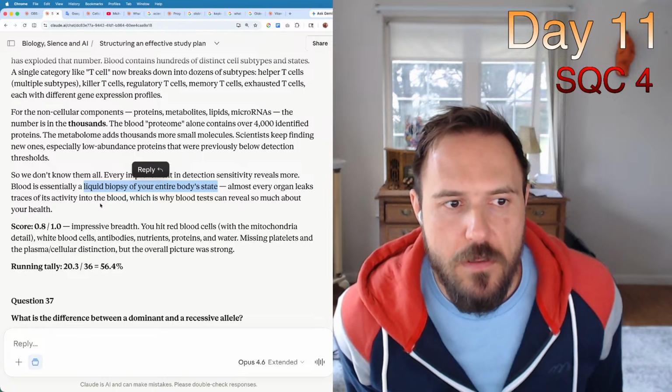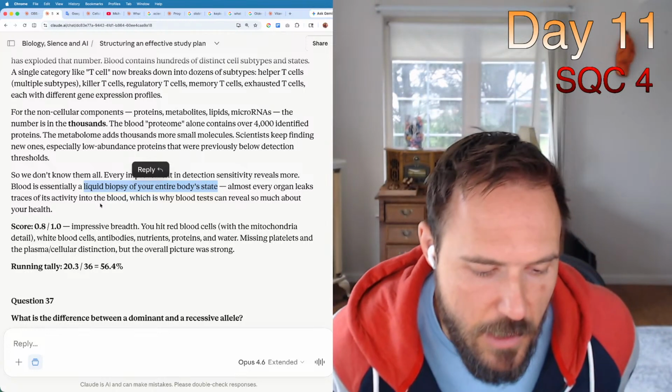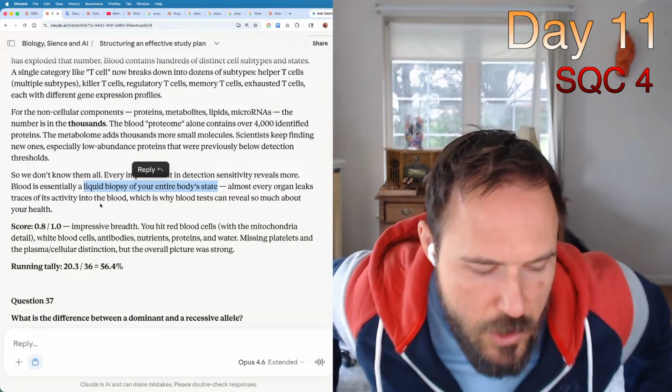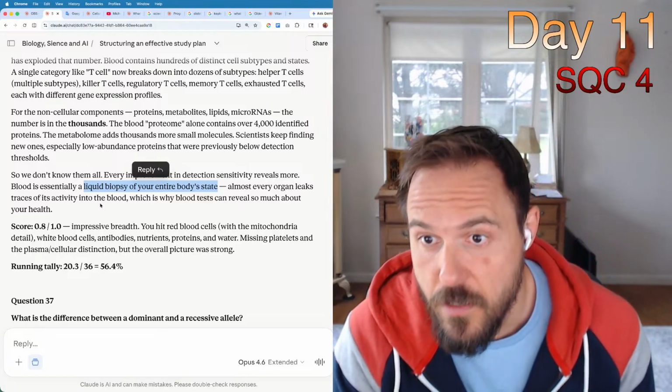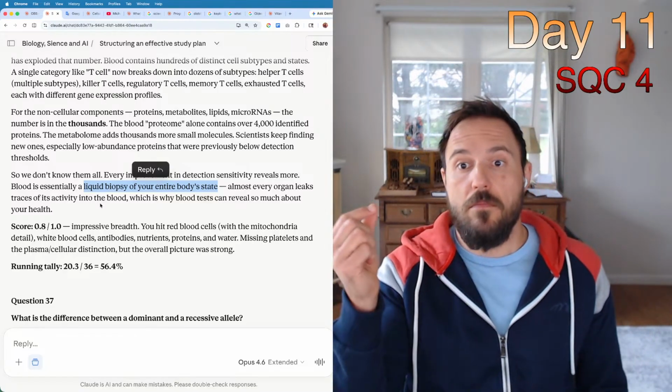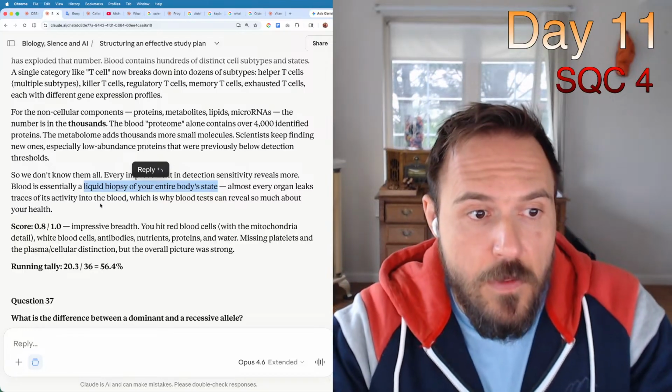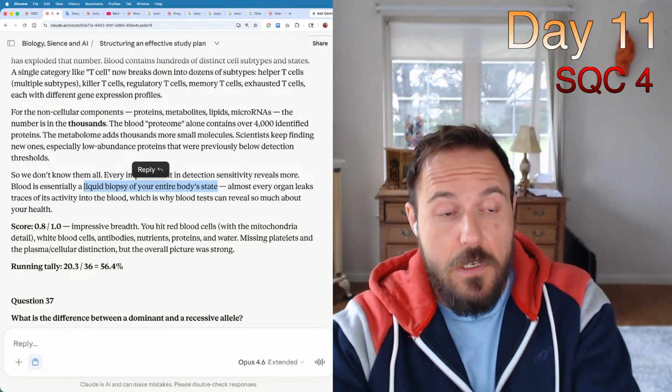So her premise being, I don't remember her premise, but he was saying that they invented technology that identifies 400 biomarkers from a single drop of blood. And why is everyone trying to do that?